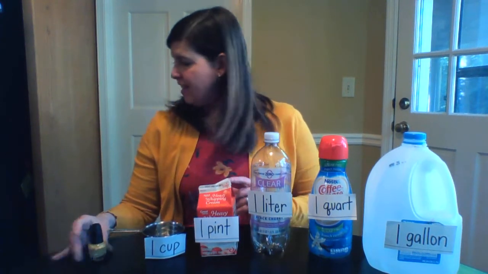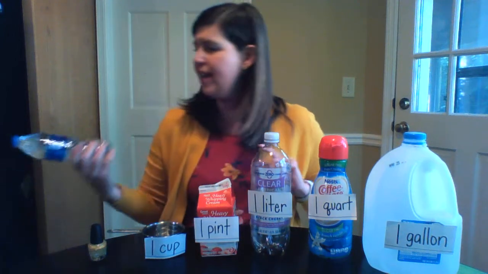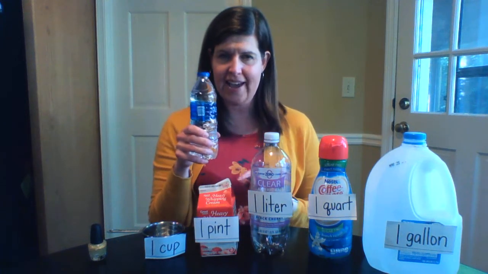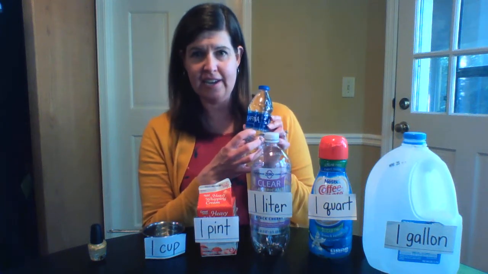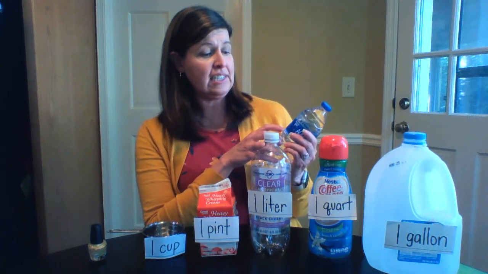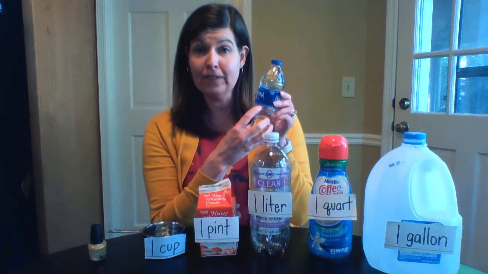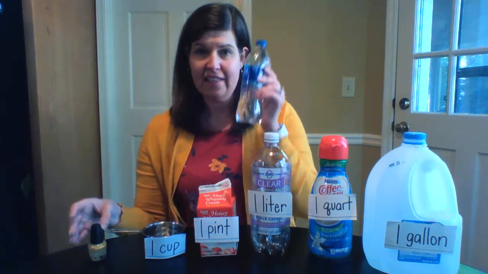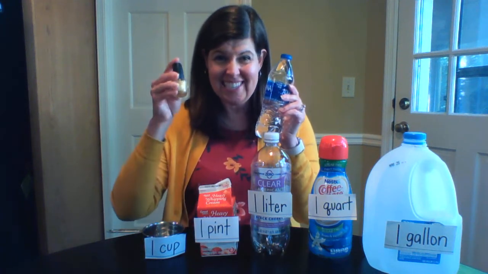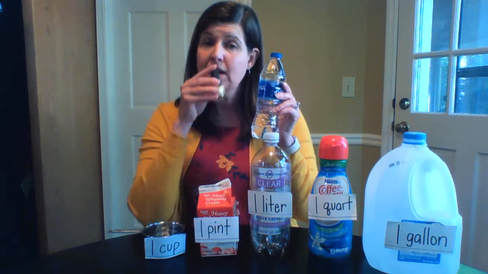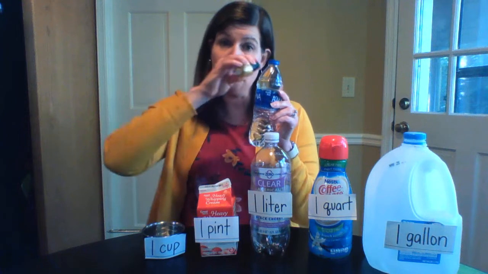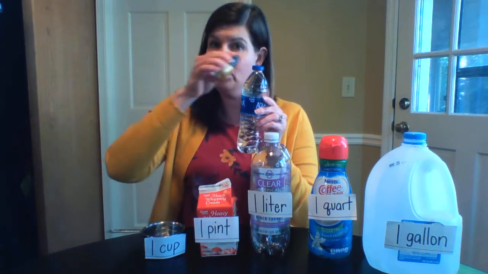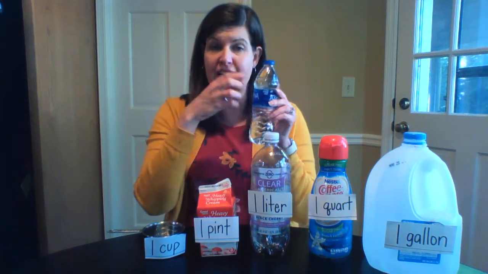For you to understand that in a greater sense, I have this plastic bottle of water that I have at home, and when I look at the side it tells me how much is in there, and it is 16.9 fluid ounces, which means this is about 16, almost 17 ounces, or 17 of these in this bottle. So if you poured this in there almost 17 times, you would fill it up to the top.